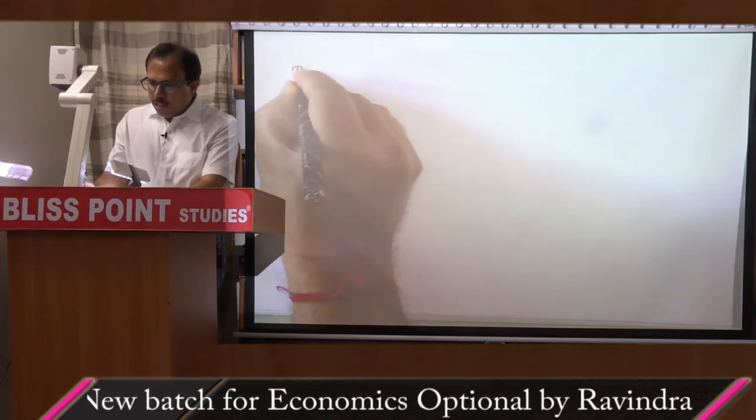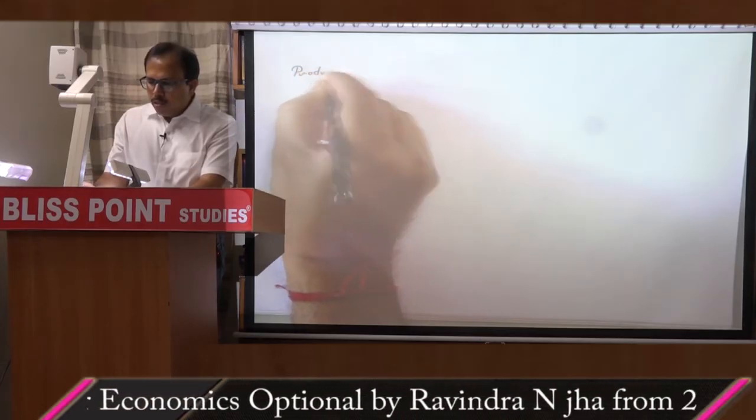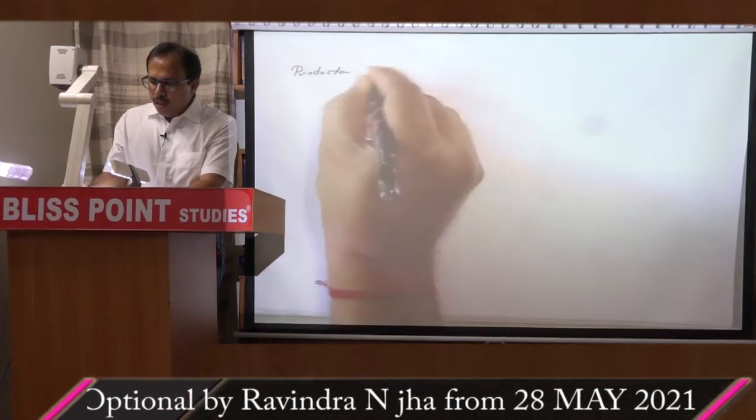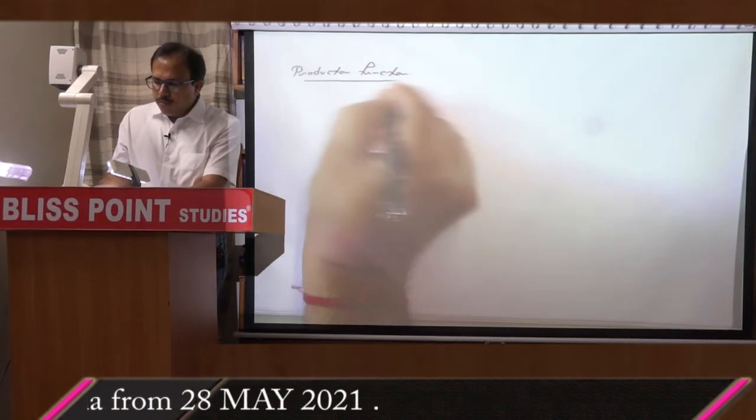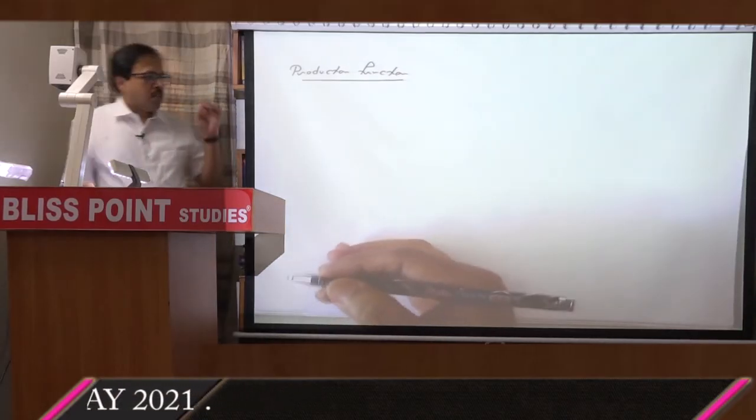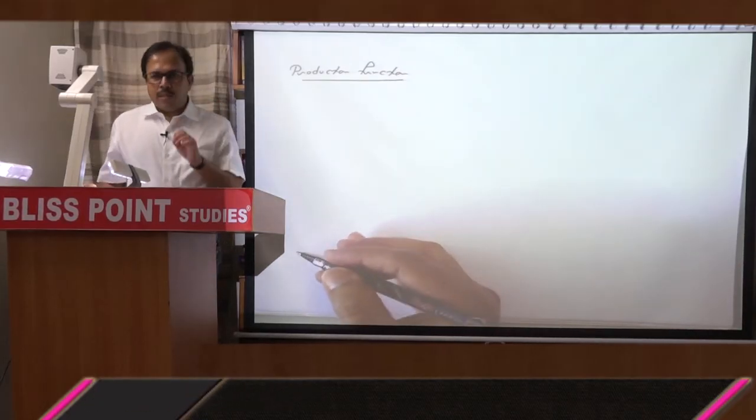You can make this type of short subheading, starting with the production function. And remember, this is the aggregate production function we are referring to.